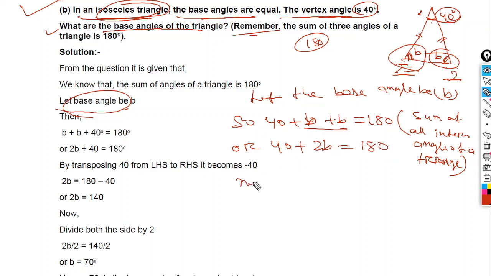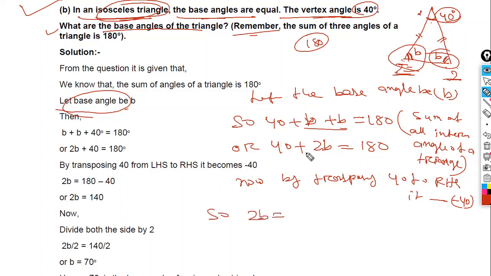Now by transposing 40 to RHS, it will be minus 40. So 2B will be equal to 180 minus 40, which is 140.